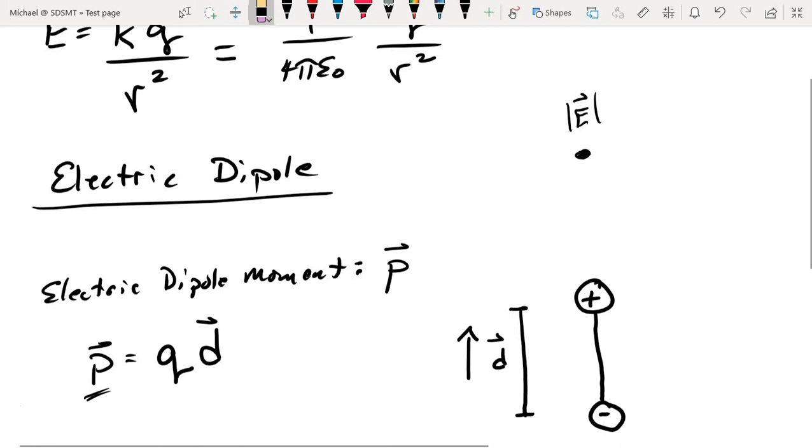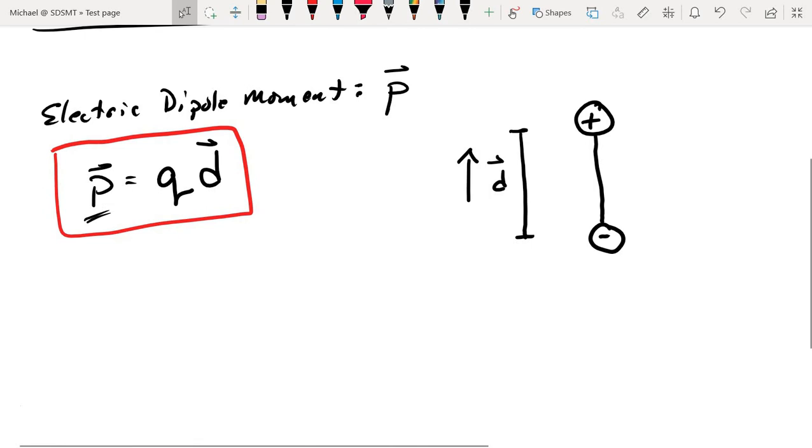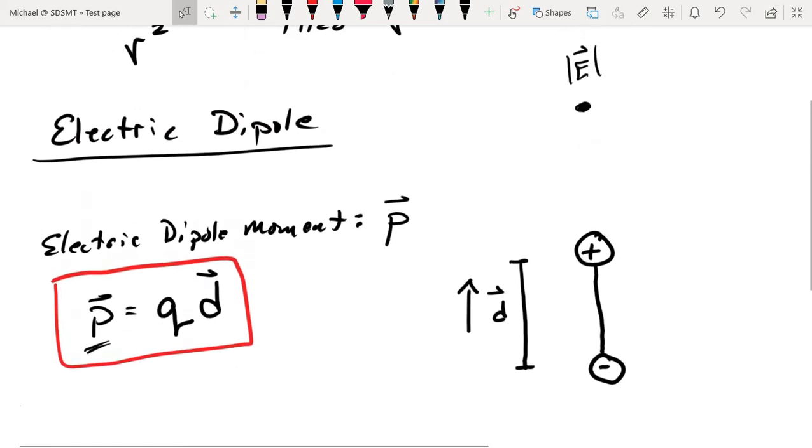We're going to come back to this later as we clean up our final expression after we've put everything together, and we will see the pairing of Q and D show up in our expression, and so we're going to replace that with P, but that's not going to happen until the very end of our discussion here.